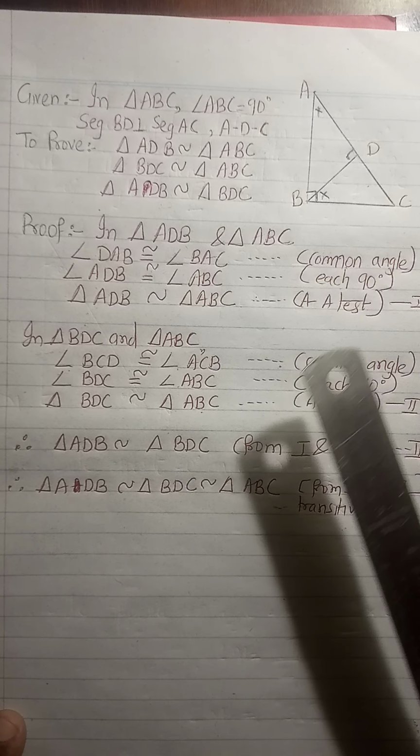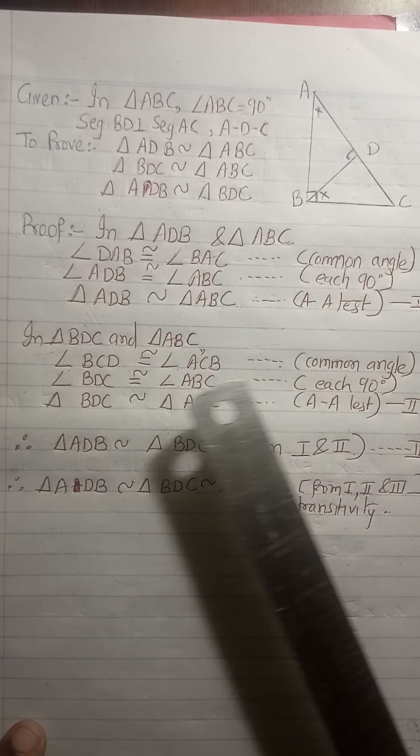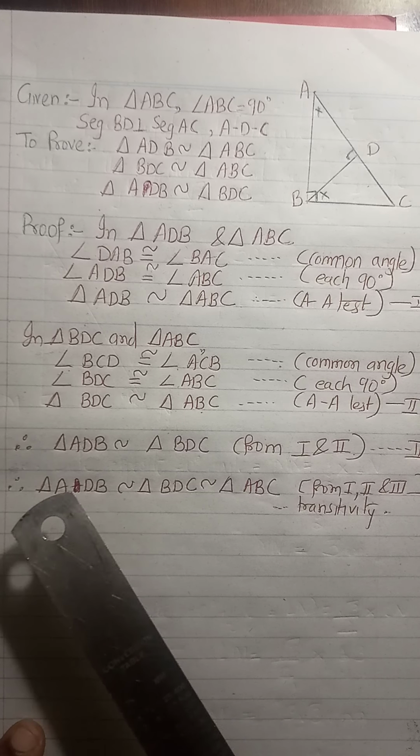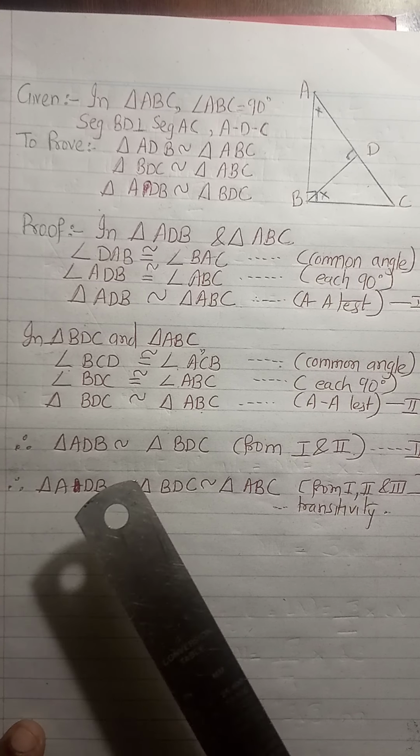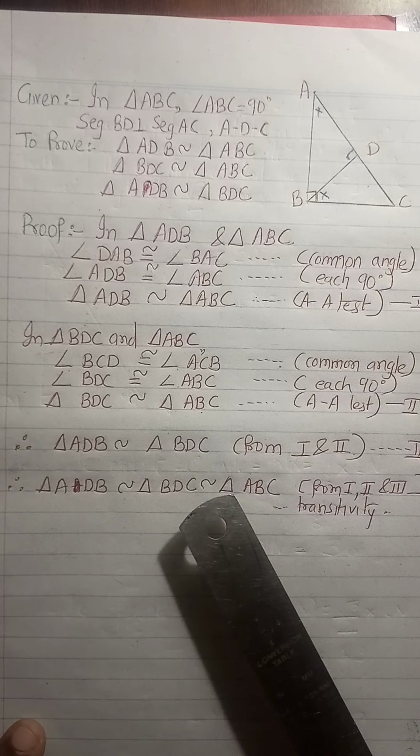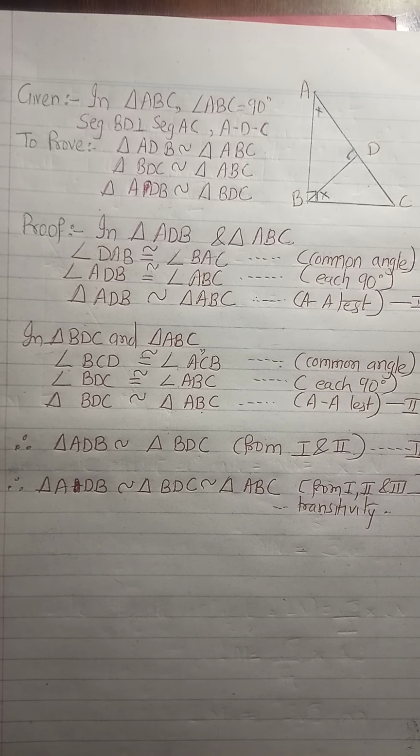Now, making use of equations 1, 2 and 3, I can say that triangle ADB is similar to triangle BDC, similar to triangle ABC. And thus I have proved that all three triangles are similar to each other. This theorem is nothing but the theorem on similarity of right angled triangles. The remaining theorem we will discuss in the next video. Till then, have a great day.